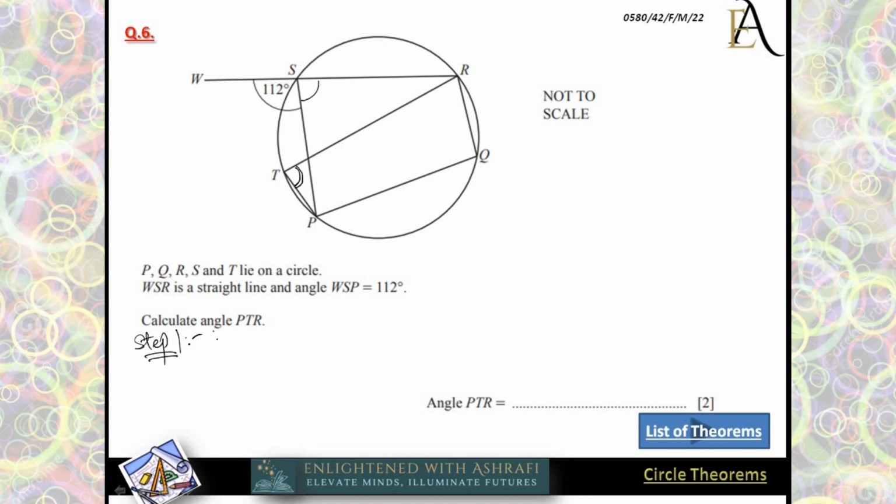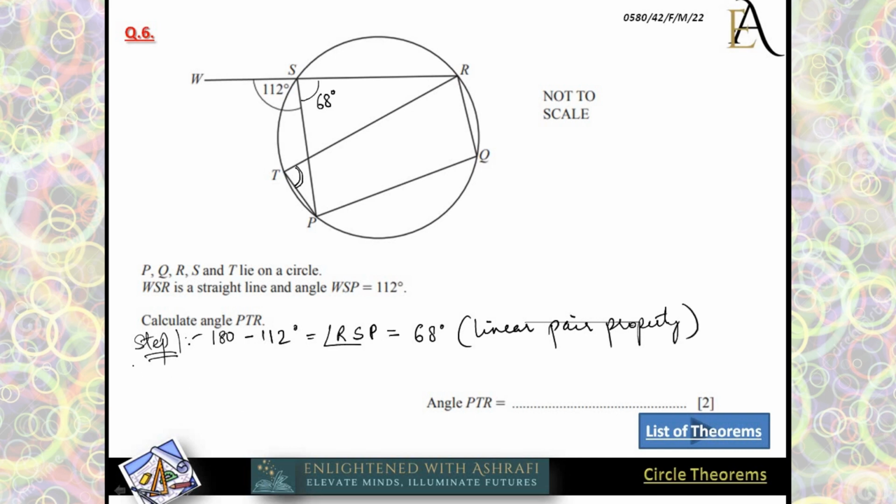So over here you have 180 minus 112 degrees will give you angle RSP, which is 68 degrees. So we got this as 68 degrees. So this becomes linear pair property.